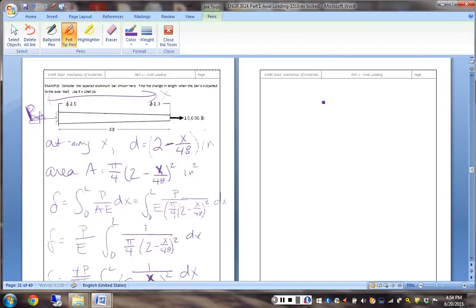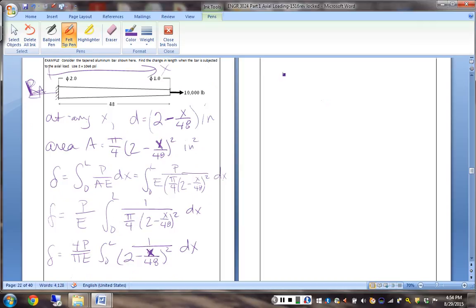From integral tables, generally, if you have dx over a plus bx squared, that integral is minus 1 over b times a plus bx. Well, in our case, our A value is 2, and our B value is 1 over 48.